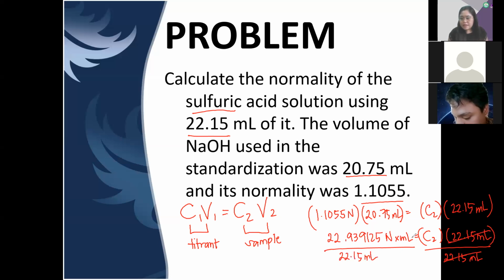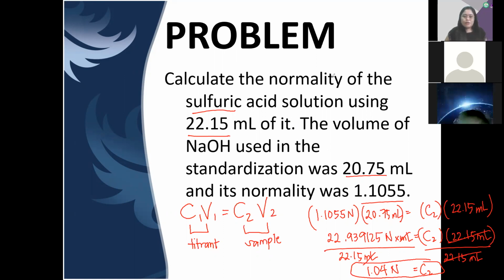Cancel the ml, you will be left with the normality. So 22.939125 divided by 22.15 is, let's round it off to 2 decimal places, this is 1.04 normal. Okay? This is the answer. Okay, very good.